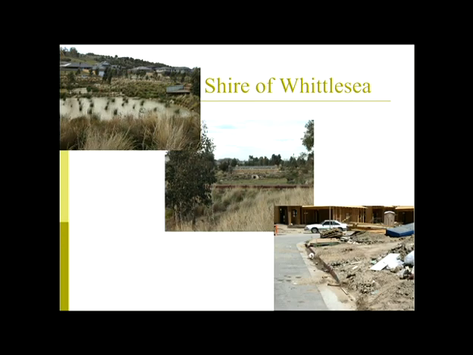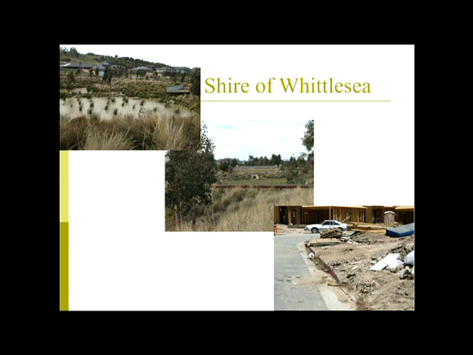And a nice example of this is the city of Whittlesea, where there's a lot of building going on at the moment, because Whittlesea is on the peri-urban fringe of Melbourne, so that means building is going on, extending out into what were previously rural areas. So new buildings going on.